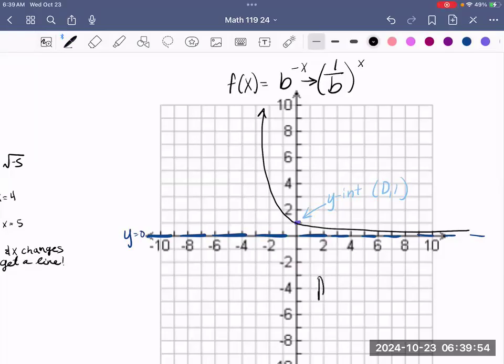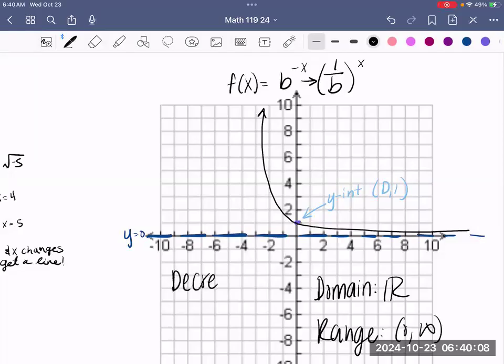So our domain, once more, is all real numbers. And your range, again, is from 0 to infinity. Now, instead of increasing, we are going to be decreasing. So instead of calling this a growth, this is a decay, an exponential decay. This happens when your base is between 0 and 1. Again, you cannot be 0 and you also cannot be 1 for these restrictions.